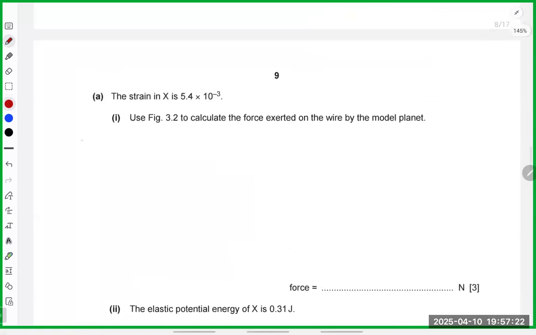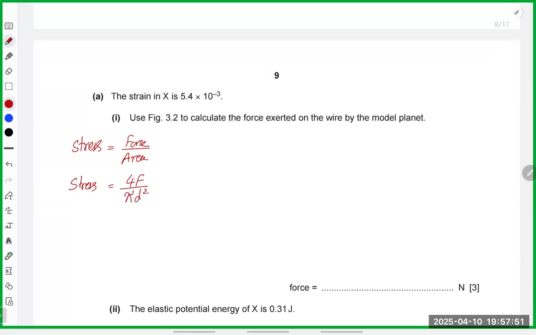Formula for stress is force over area. And for this particular case, because area is not directly given, we have another formula that says stress equals 4F over pi d square.